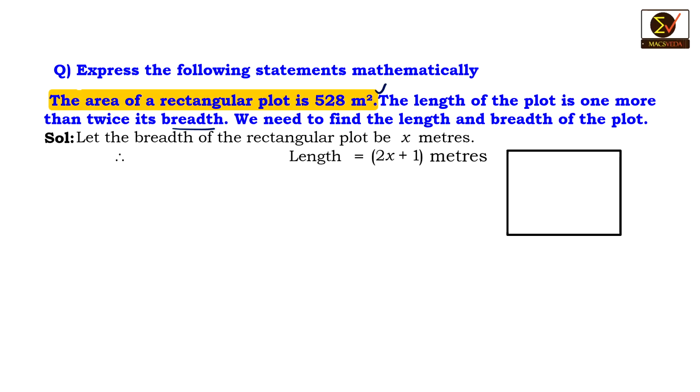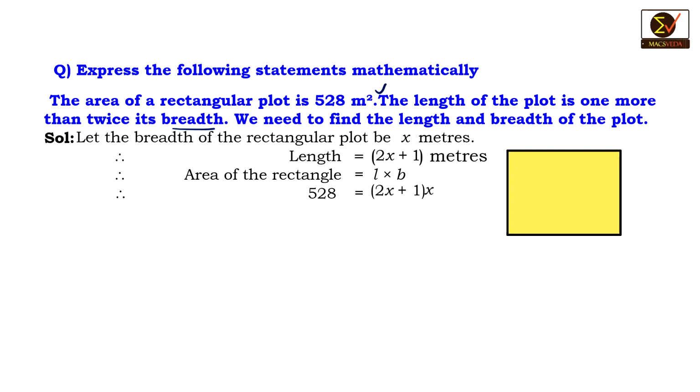Now the area of the rectangular plot is 528 meters square. So what is the area formula? Length into breadth. So here length is 2x plus 1 and breadth is x, and area is given as 528. So now let us simplify this to get the mathematical statement for the given problem. 2x plus 1 into x is equal to 528.